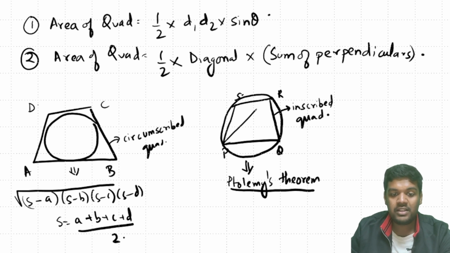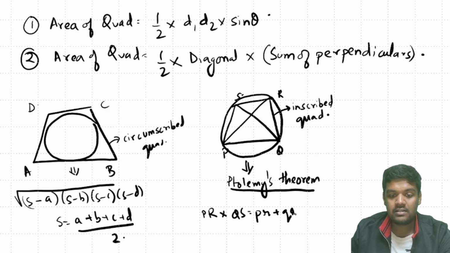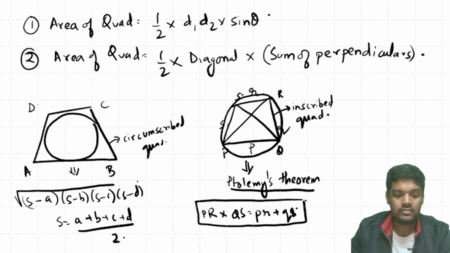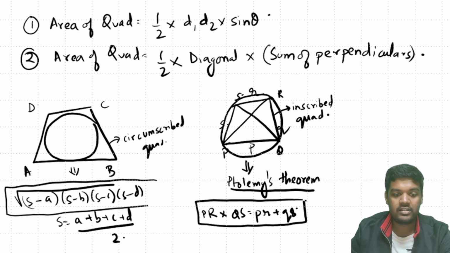So PQRS में ये तो दो diagonals है. So PR into QS equals the sum of the products of the opposite sides of the quadrilateral PQRS. So this is my Ptolemy's theorem. This is my area of quadrilateral, which is a circumscribed quadrilateral.